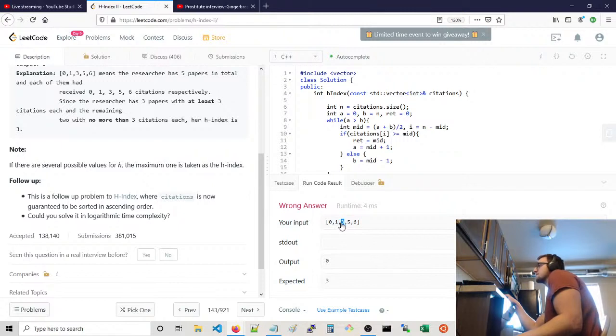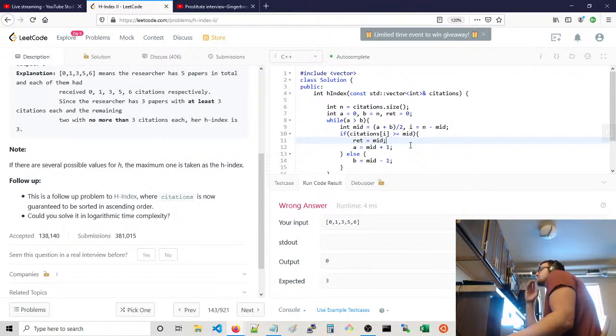We end up at the third position here. 5 divided by 2 is 2. So we're looking for if mid is greater than or equal to, if this value, which is 3, is greater than or equal to 2. So the midpoint is 2 we're looking at. And it is.